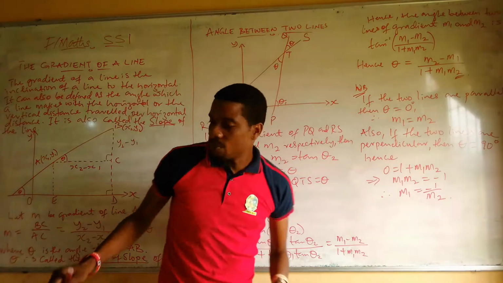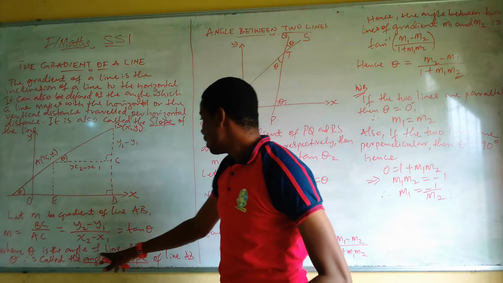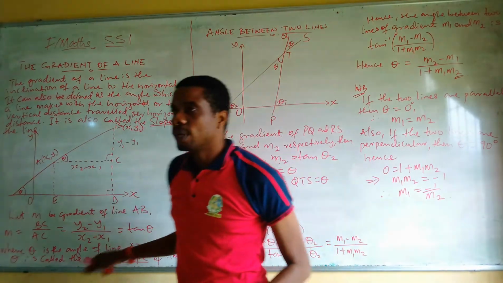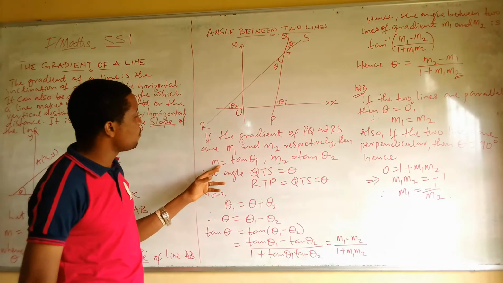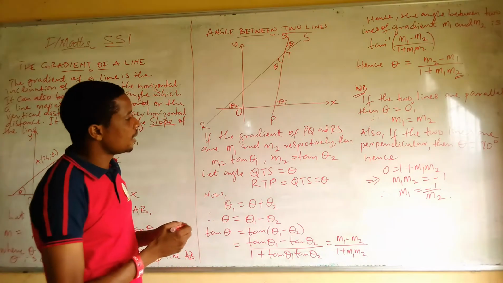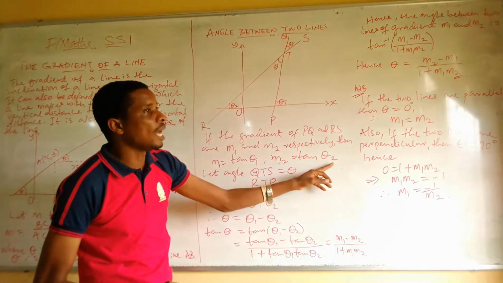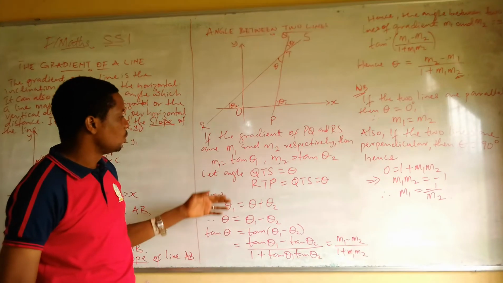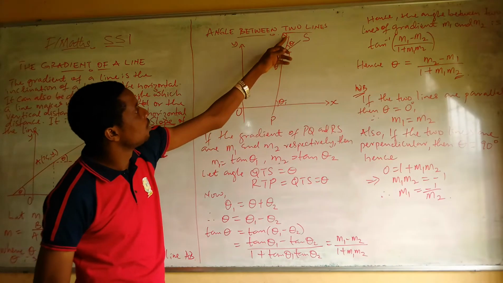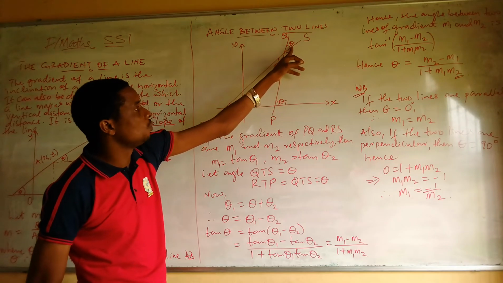And from what we have here, we said that M is equal to tan theta. So that means from here, our M1 will be equal to tan theta 1, and M2 will be equal to tan theta 2. So let the angle QTS be theta.